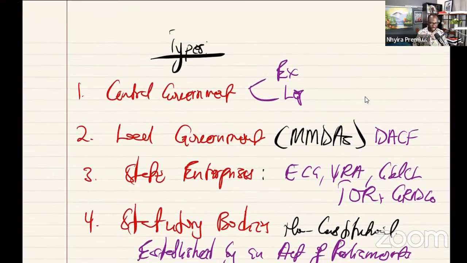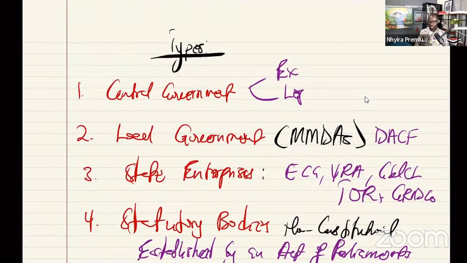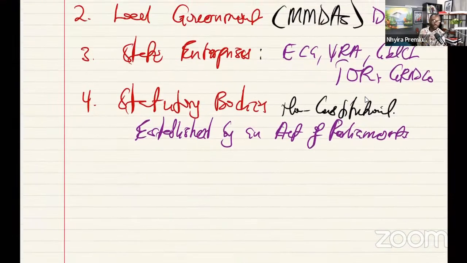Unlike bodies such as the Electoral Commission, the Controller Accountant General Department, the Auditor General Department, the Judiciary, the Ministry of Finance, which are constitutional bodies, because in the 1992 Constitution there are specific subsections that relate to these bodies. The other ones are not directly in the Constitution, but they were established by an act of parliament, and they become what we call statutory bodies. Some of these include public corporations.